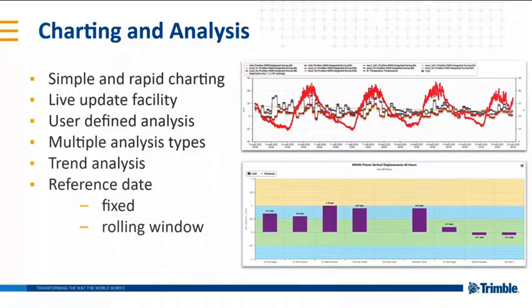This is really powerful, and trend analysis is also relevant if you have constant movements and you want to monitor the velocity and the trends. You can do that here, and you can do analysis.